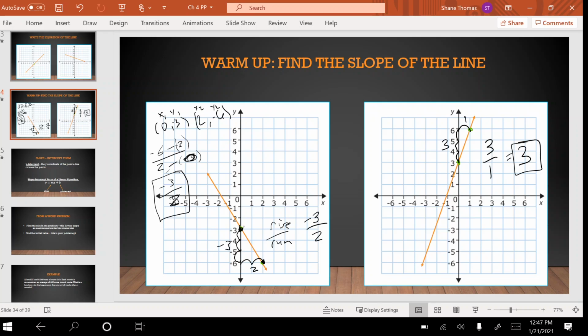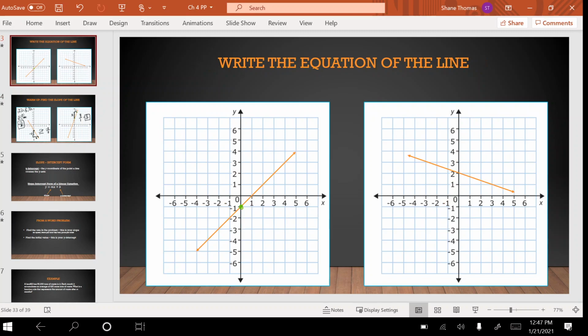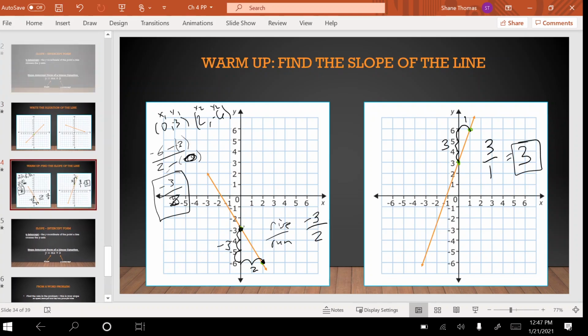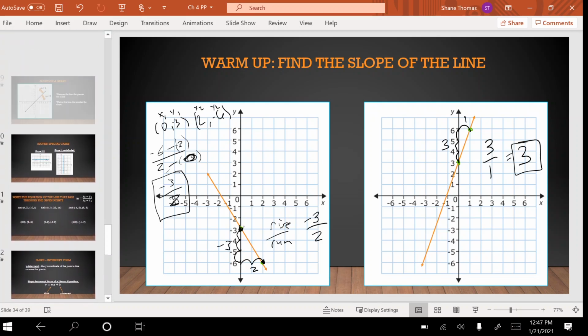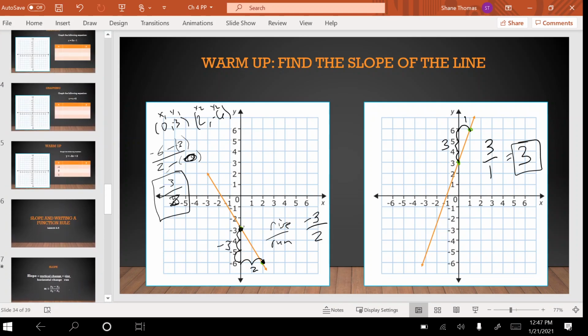That makes sense? All right, let's do a couple more. Need a picture with no line on it. I think I have one in here somewhere. There we go.